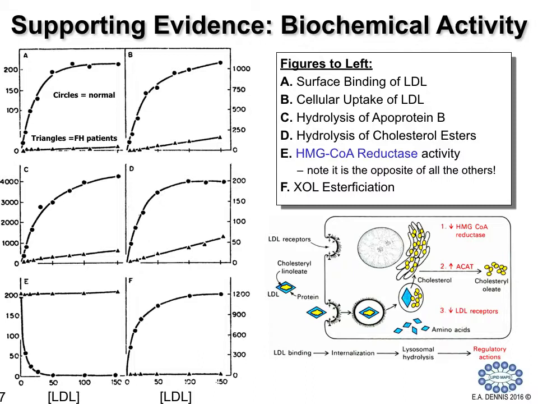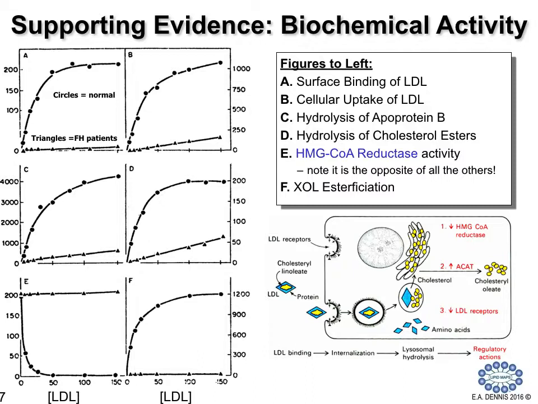In experiment C, they looked at the apoprotein that was radiolabeled instead of the LDL lipid, and found that the hydrolysis products of the radiolabeled apoprotein B increased proportionally in normals, but was decreased dramatically in FH patients.